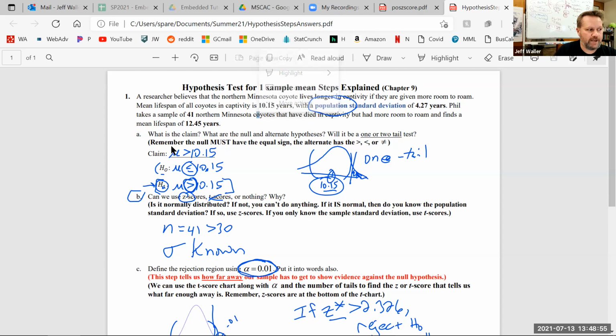So I write that down right there in math-ish. His claim is that they live longer in captivity. They normally live 10.15 years, so his claim translates to their average is more than 10.15. So the very first thing you want to find is the claim. That's what gets everything started, because if there is no claim, I have nothing to test.